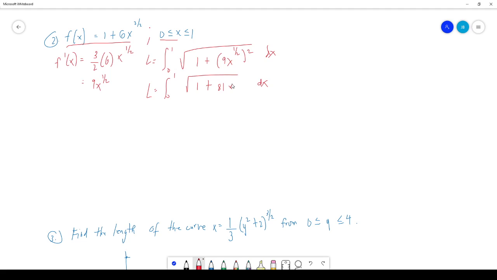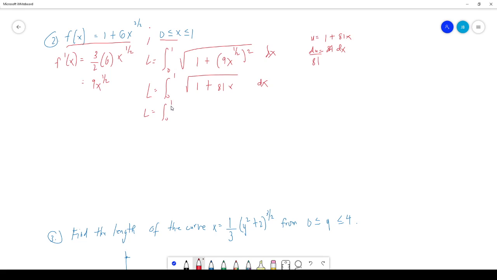Now, what are we going to do to integrate the function? Again, substitution will be used. So, u is 1 plus 81x. So, du is 81 dx. So, that is du over 81.